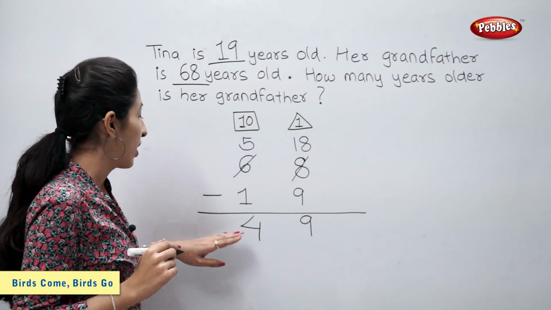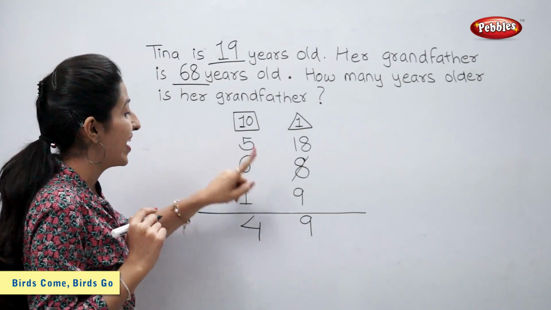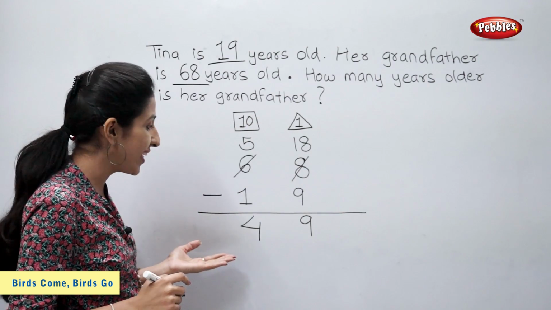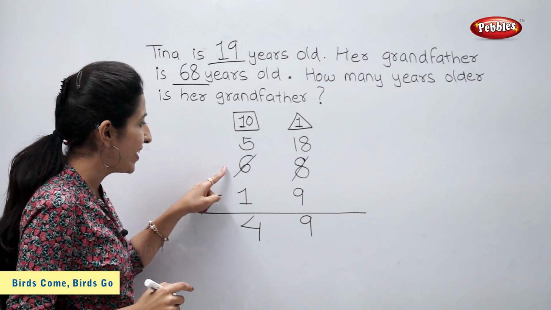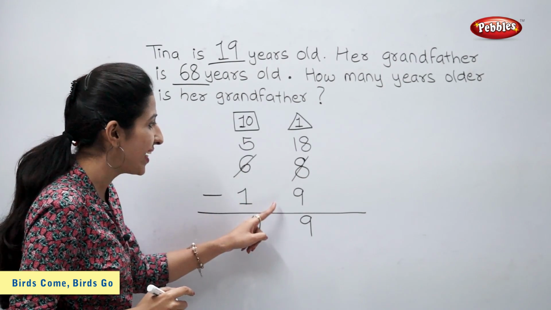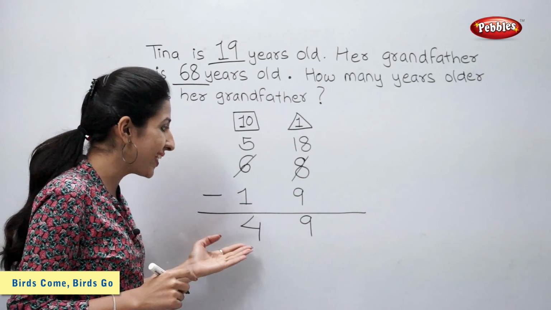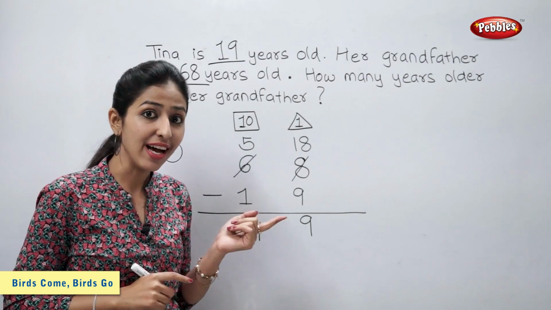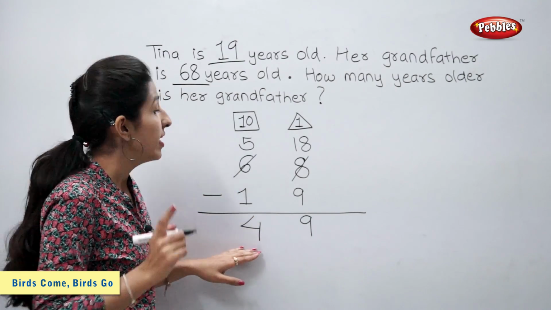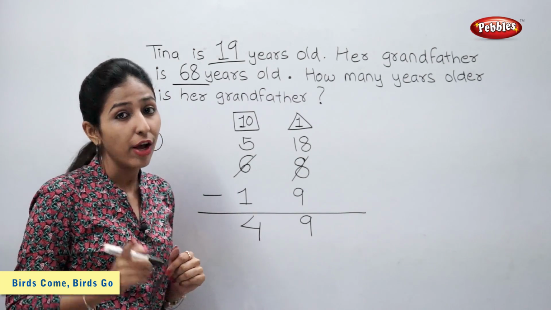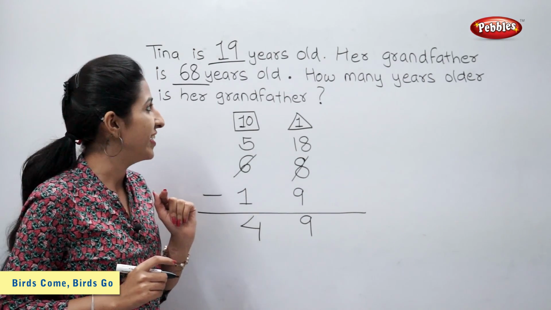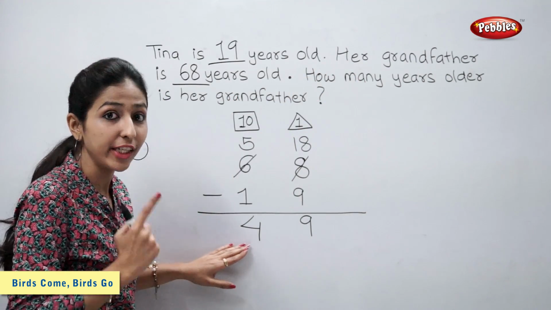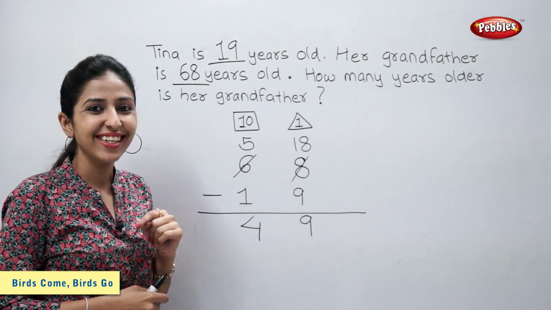Now we have 4 tens, 9 ones. So the number is 49. 68 minus 19 is equal to 49. So the difference between the ages of Tina and her grandfather is 49. Students, we can also say it in this manner. So, Tina's grandfather is 49 years older than Tina.